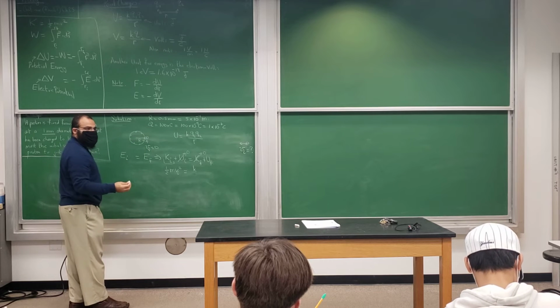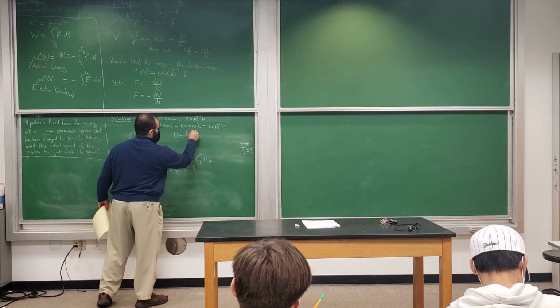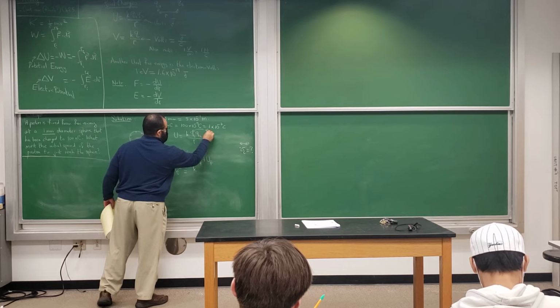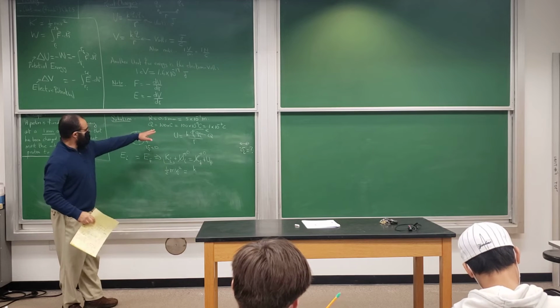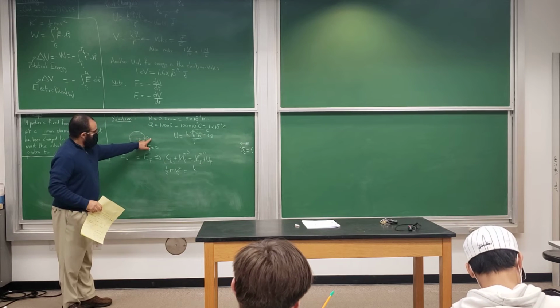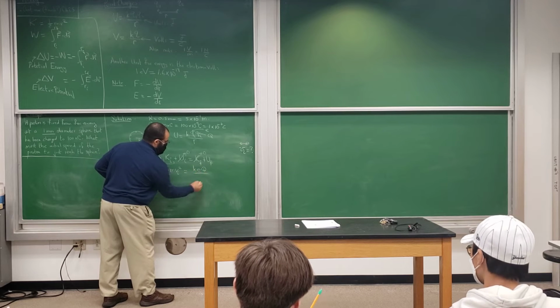The charge of the proton is e, right? So let me write it here. One of them is the e, and one of them is the capital Q. One of them is the sphere, and one of them is the proton. So you would have e Q divided by R.